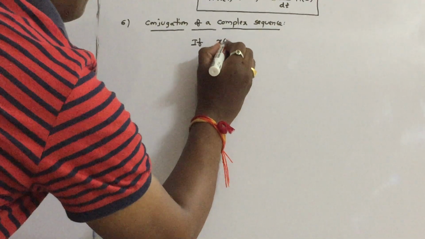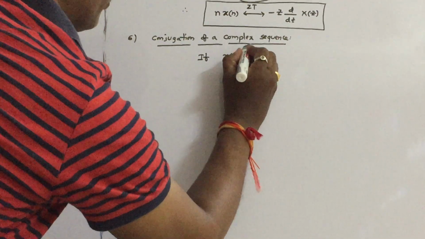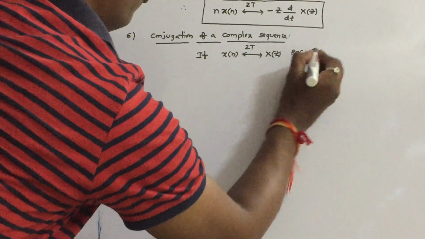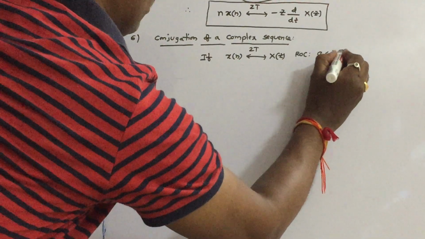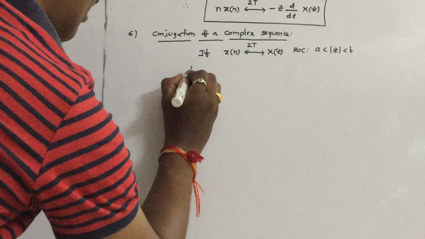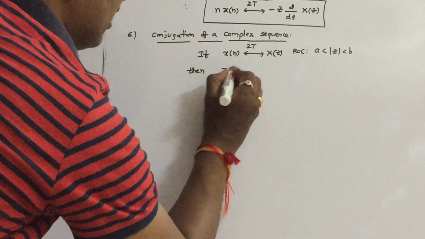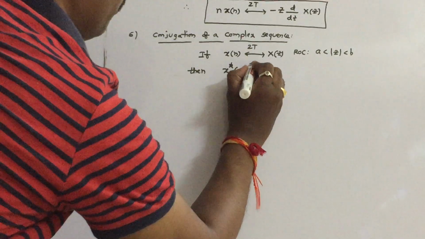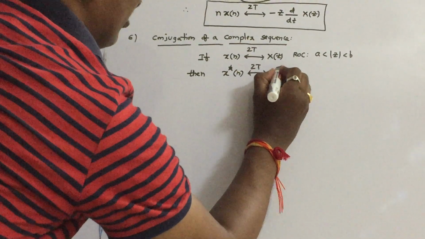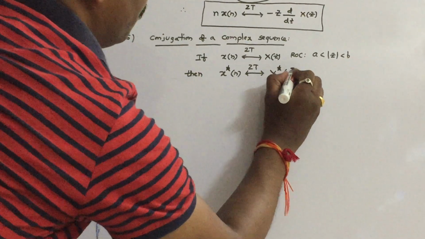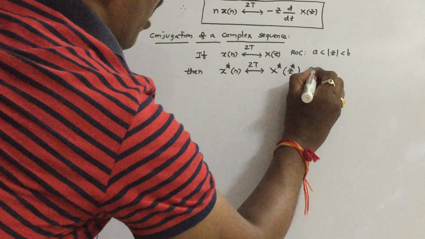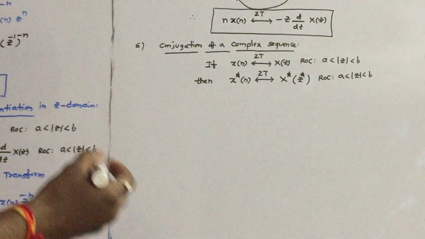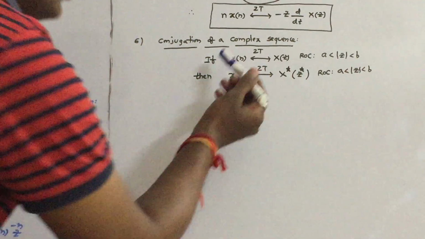If x of n z transform is say x of z with the ROC, take any ROC a less than mod z less than b, then what is conjugation means? X star of n, where star denotes complex conjugation, x star of z star. Remember that the ROC will remain same, the ROC will not change when you conjugate x of n.